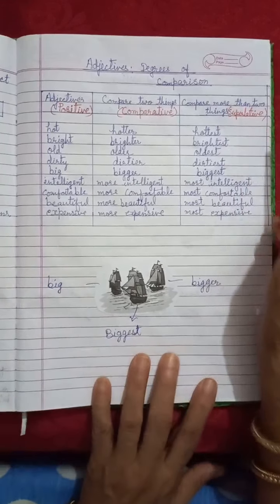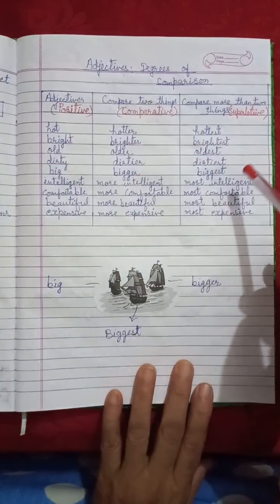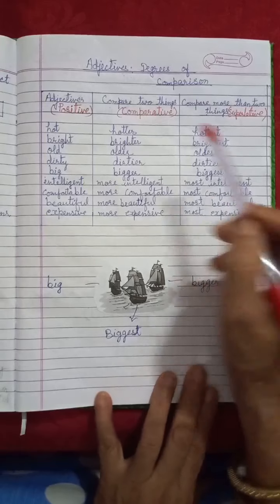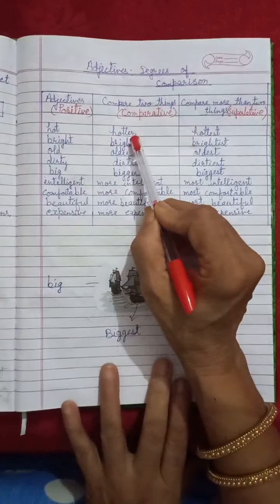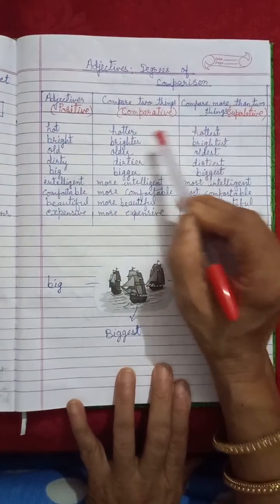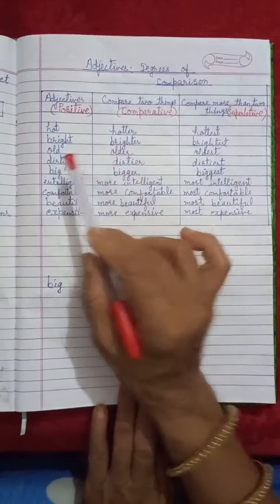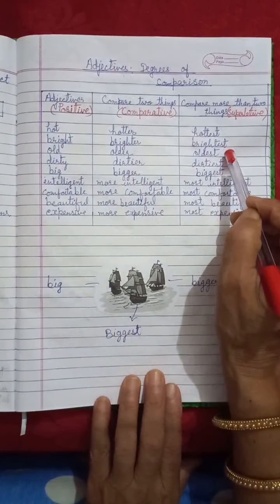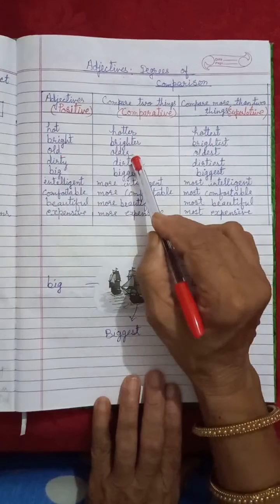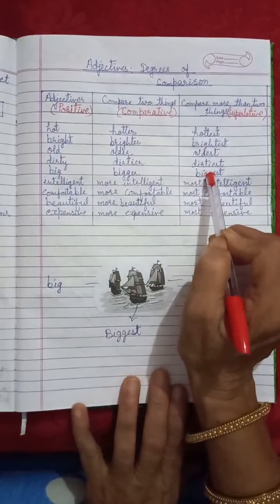So you can see how we form the comparative form and the superlative form. So hot word है, hot adjective है, hotter, hottest. Hotter उससे गर्म, and hottest सबसे ज़्यादा गर्म. So bright, brighter, brightest. Okay. Old, older, oldest. Dirty, dirtier, dirtiest.